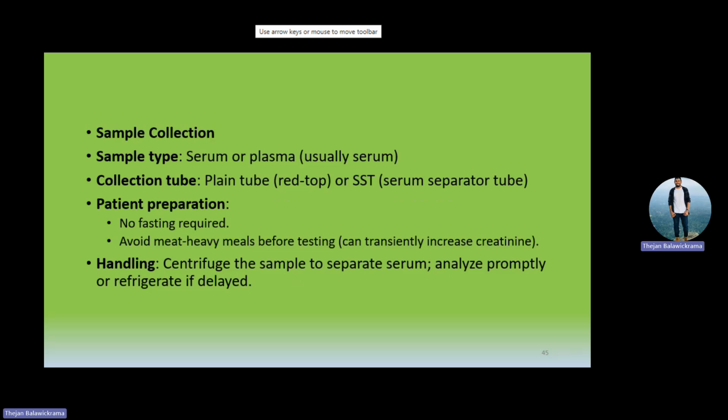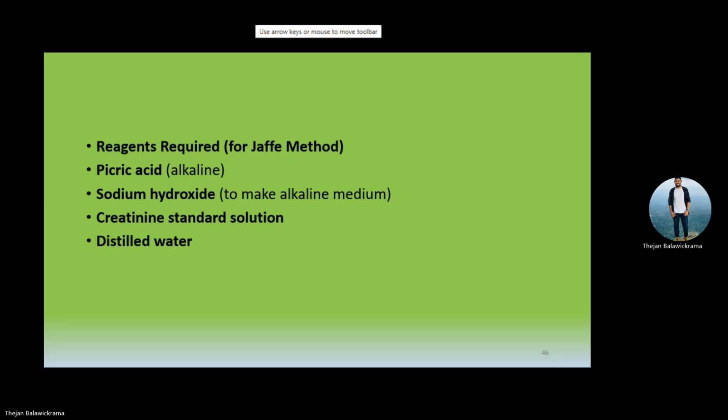After that, we take picric acid, sodium hydroxide solution, creatinine standard solution, and distilled water. We always have three test tubes: one is our patient sample, the other is a standard solution for calibration purposes, and distilled water.